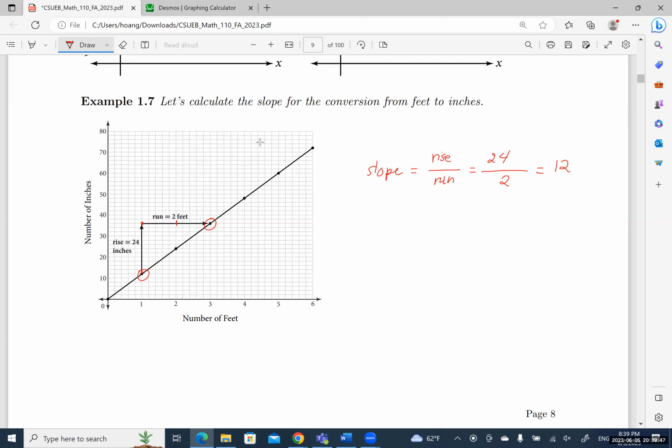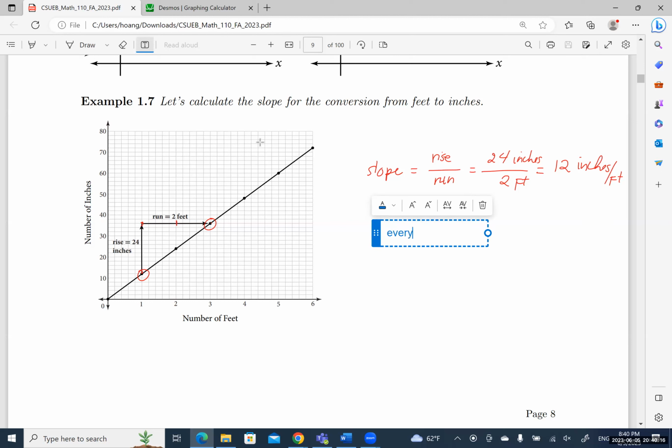And the unit for rise in here is, I did rise 24 inches. And for run, I did run 2 feet. So that's the reason why the unit for slope must be 12 inches over feet. Okay. So what does that mean if I want to interpret this?